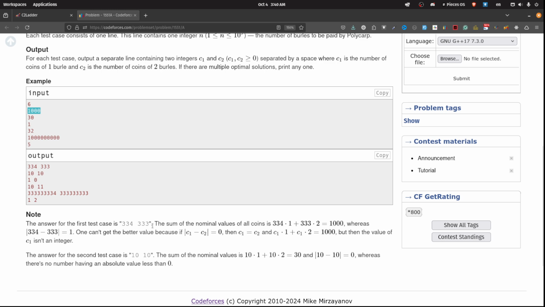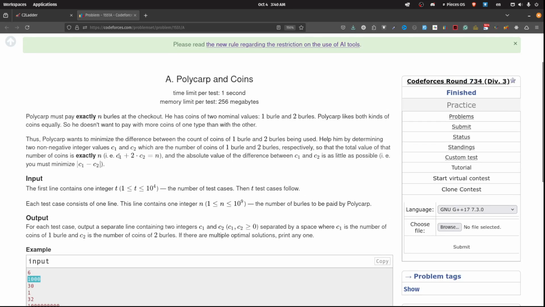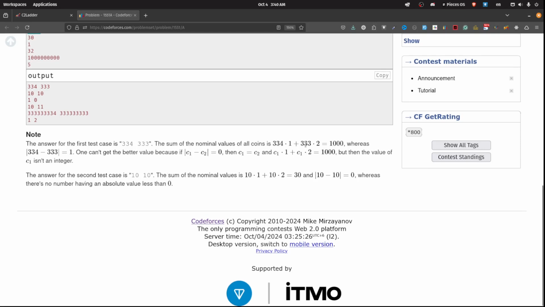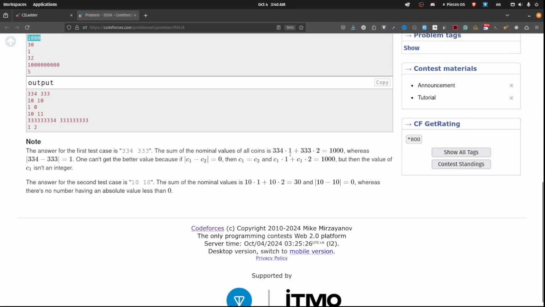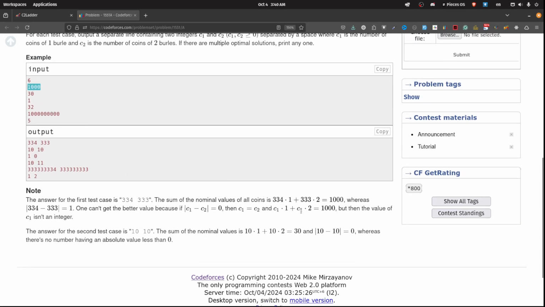The sum of the nominal values of all coins is 334 times 1 plus 2 times 333.